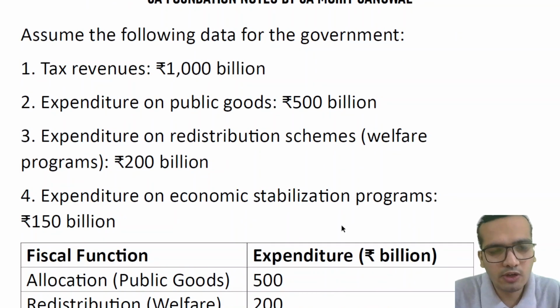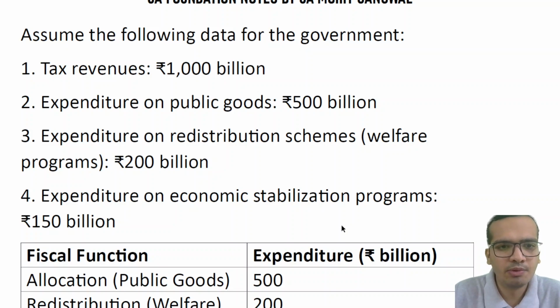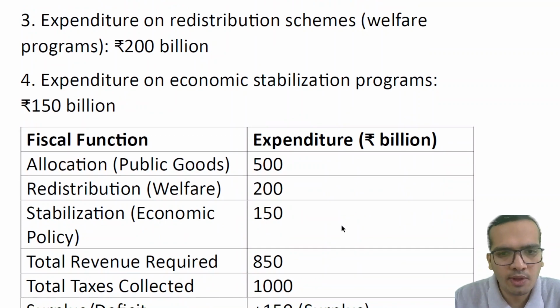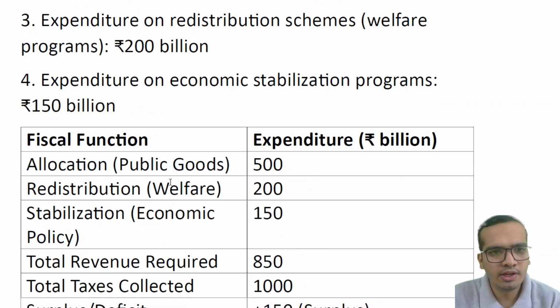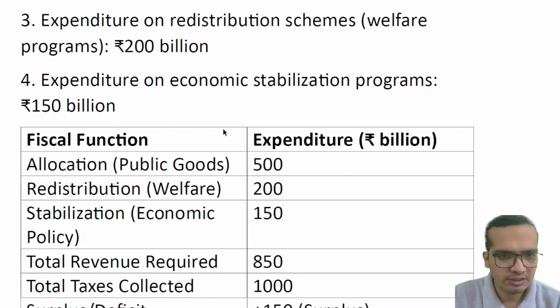Assume the following data of the government. Tax revenue of 1000 billion rupees. Expenditure on public goods is rupees 500 billion. Expenditure on redistribution schemes, that is welfare programs, is rupees 200 billion. And expenditure on economic stabilization programs is 150 billion. So the tabular data looks like this. Allocation of public goods is 500, redistribution is 200, stabilization of economic policy is 150.